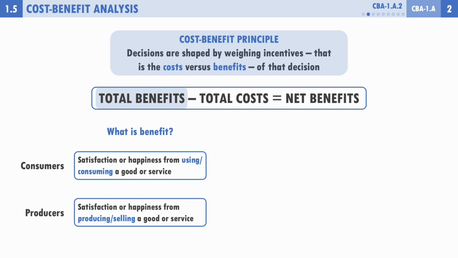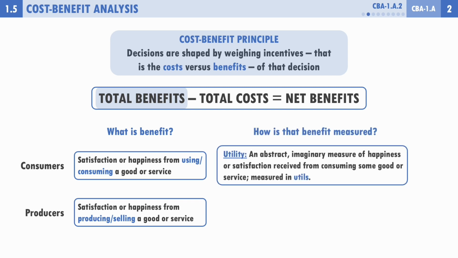Now, how exactly do we measure that for each of the consumers and producers? For the most part, with consumers, we will use something known as utility, which is this imaginary measurement of happiness. We'll typically measure it in something known as utils, but utility is just a very general term for the benefit something provides.